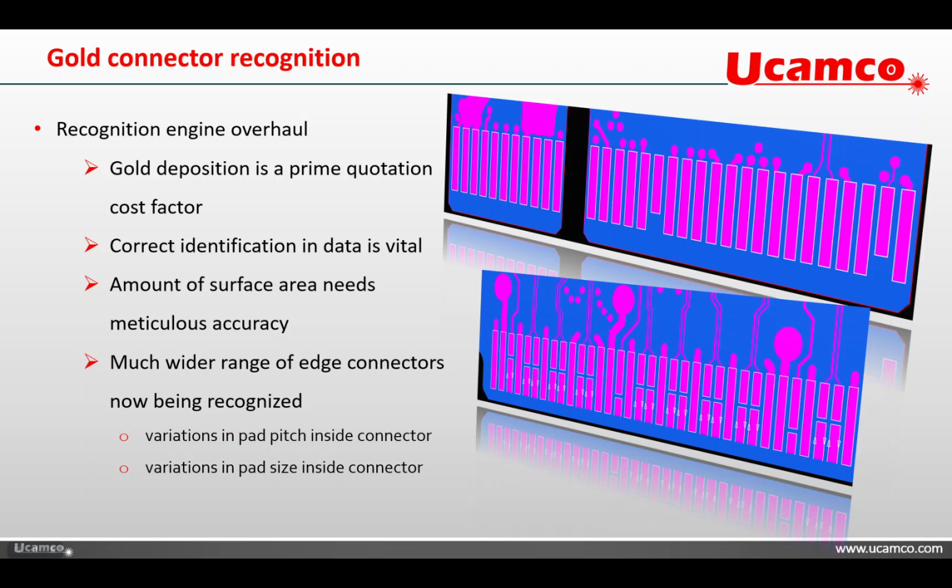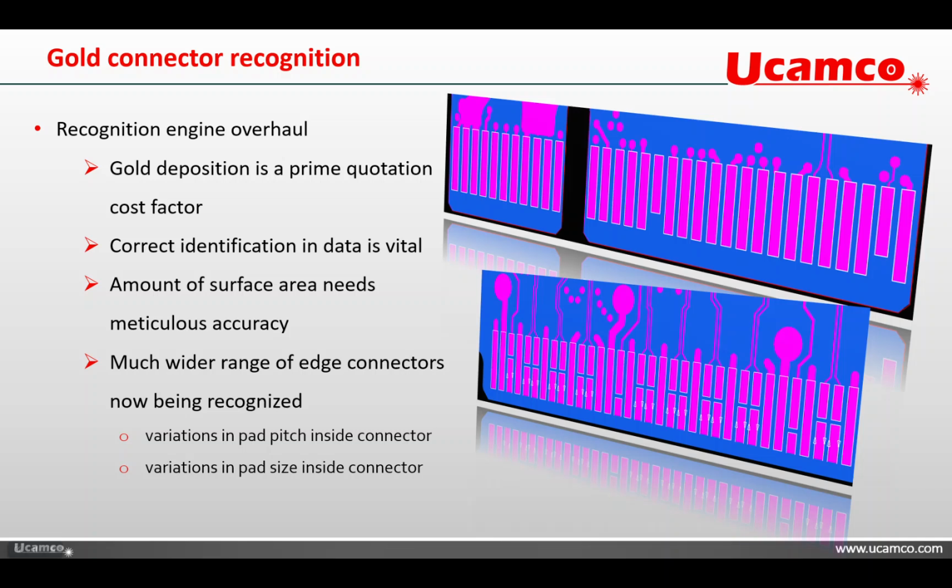This concludes the part with the Nexus extensions. The last things I want to show you or just briefly mention here is the thing with the Gold Edge connector. Gold Edge connector recognition is something that we have had also for quite some time. But still, it's something that you want to be as good as possible in the sense that gold deposition is probably one of the prime cost factors when it comes to making a quotation.